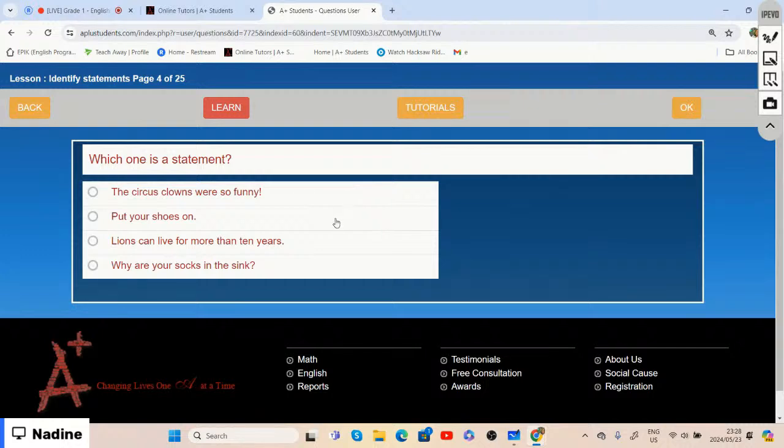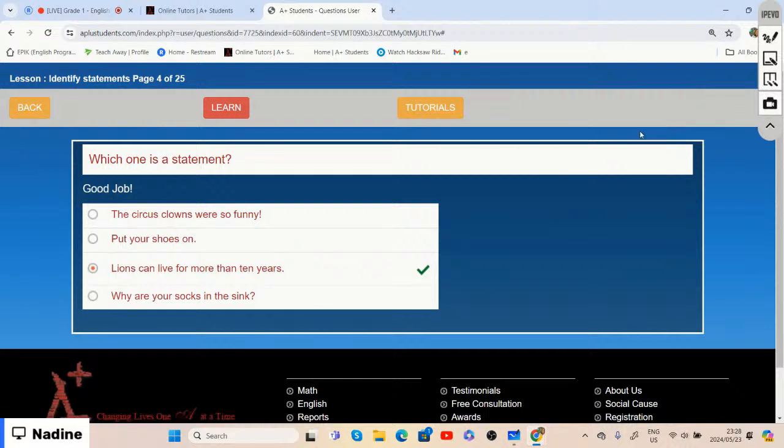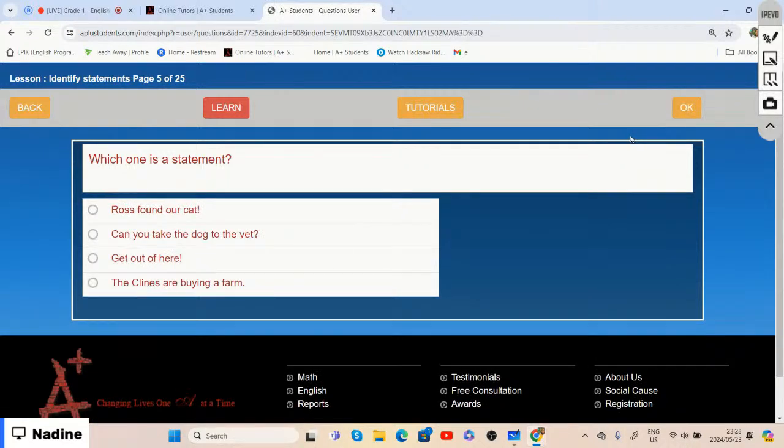We need to say which one is a statement, and we can say lions can live for more than 10 years. Yes, well done.